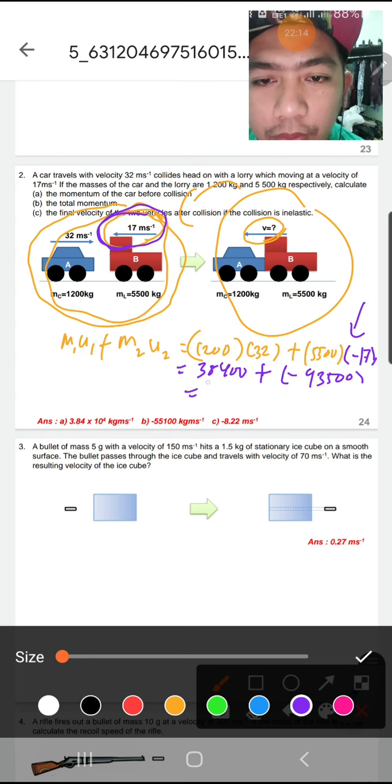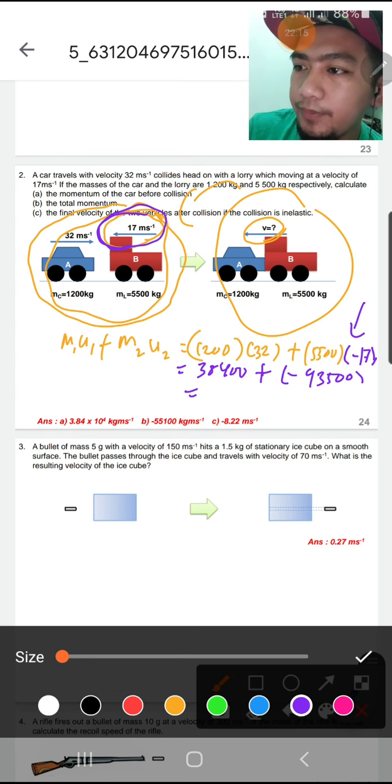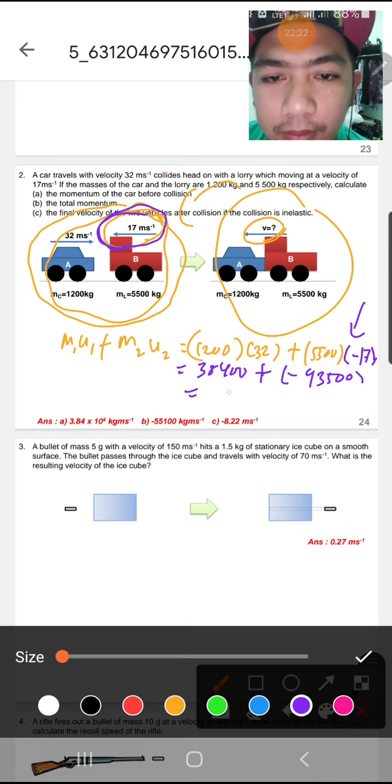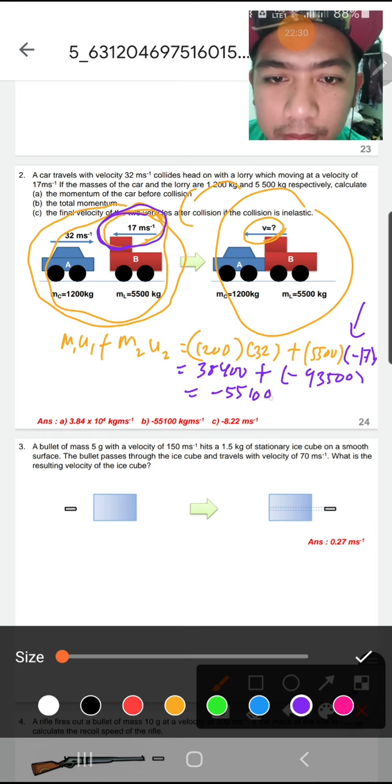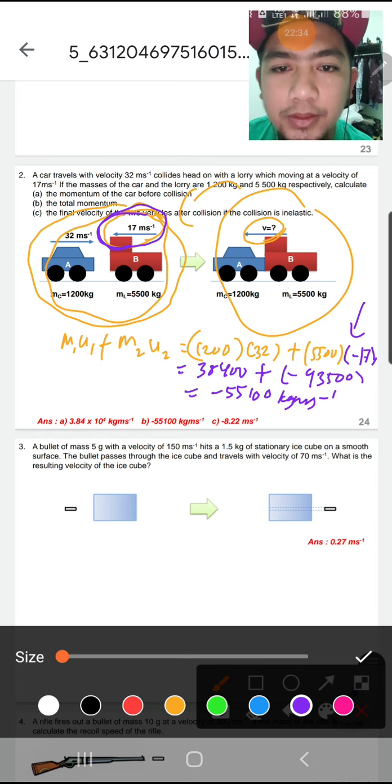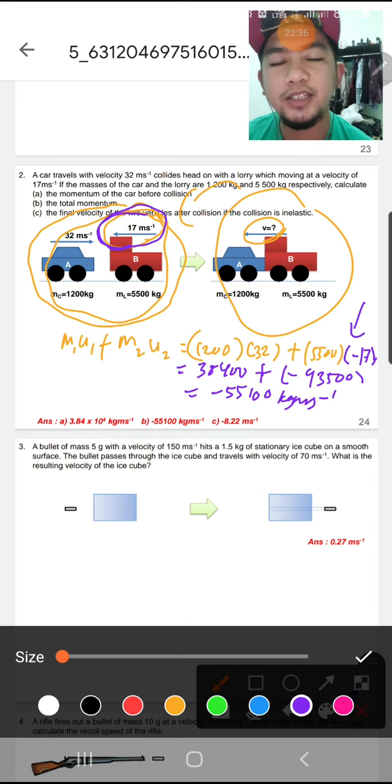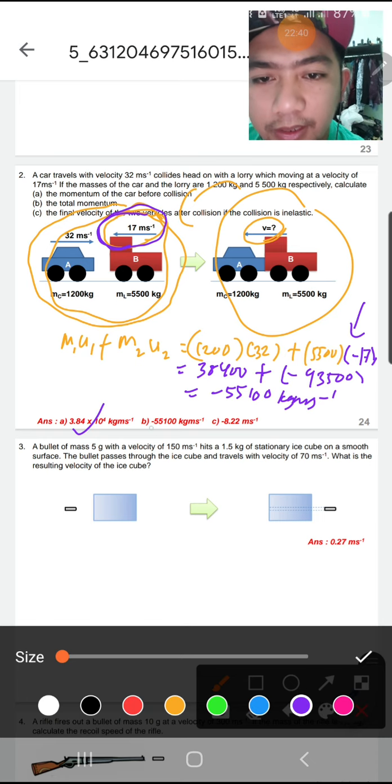So when you calculate, you will get negative 55,100 kilogram meter per second. So the negative sign means the direction. So this is correct. The answer here is correct.